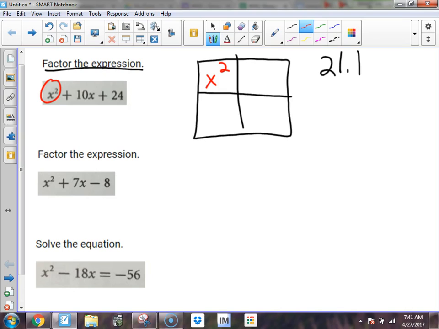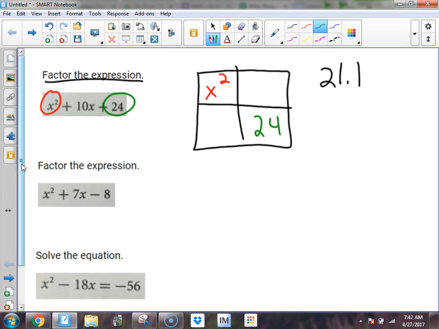This will always be the case, because this is like our answer, and we're working backwards to our original 2 expressions. So x squared goes right here, and then this 24, the last number, gets put on the bottom right. No matter what, this is the way that we set it up to start with.